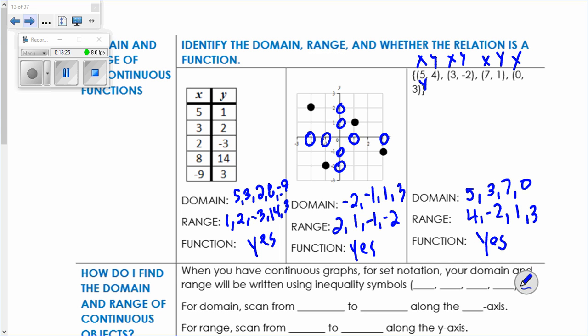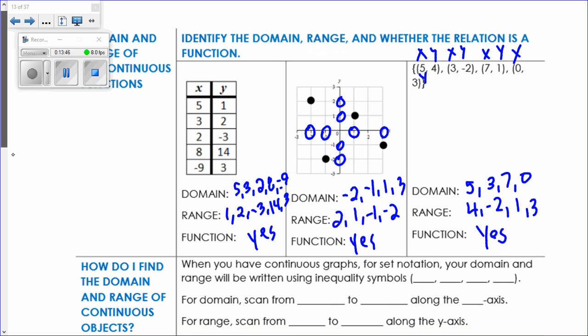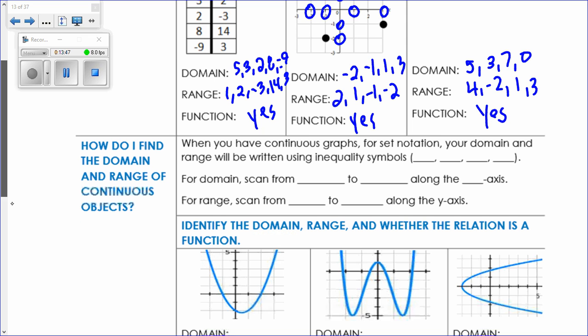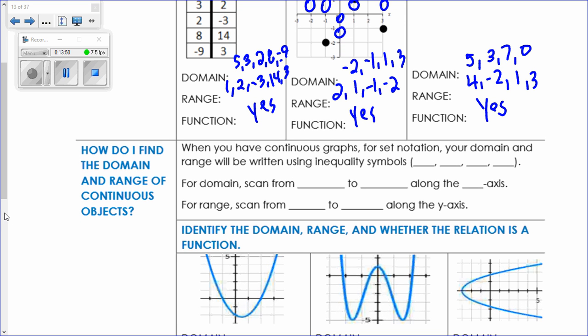Now moving on to how do I find the range and domain of continuous objects? So for this part, we are going to use interval notation.